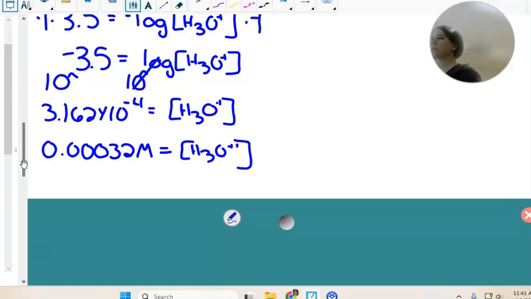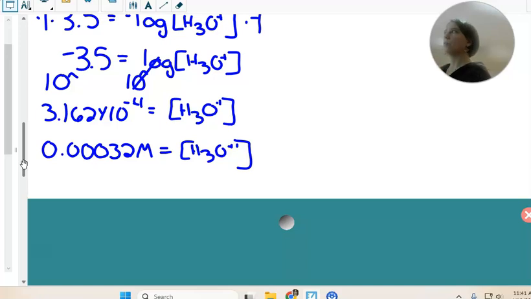Okay, let's double check that that is reasonable. It is between 10 to the negative third, because there are 3 zeros after the decimal point, and negative 4, between 0.001 and 0.0001.